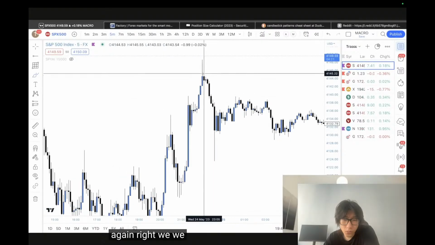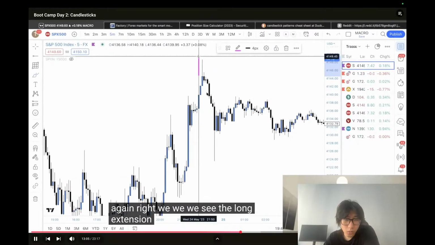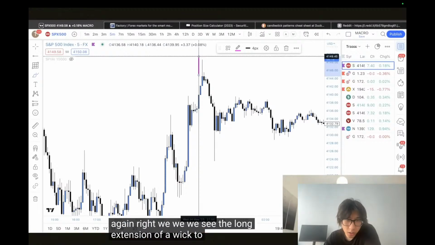Again, right? We see the long extension wicks that show the opposite information. They're trying to go up. The momentum is such big, strong, bullish momentum.